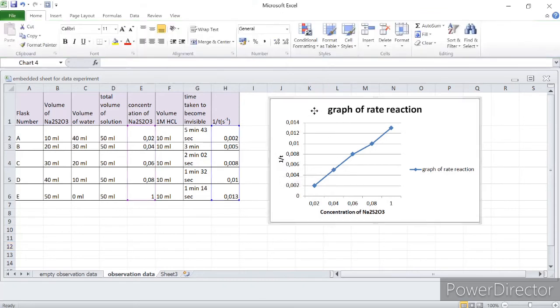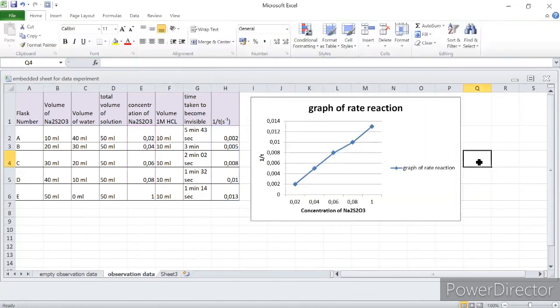Okay. By this graph, we can make a conclusion that the concentration of sodium thiosulfate is proportional to 1/t, where increasing the concentration means increasing the rate of reaction.